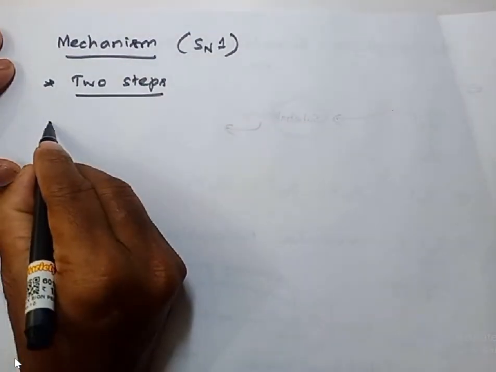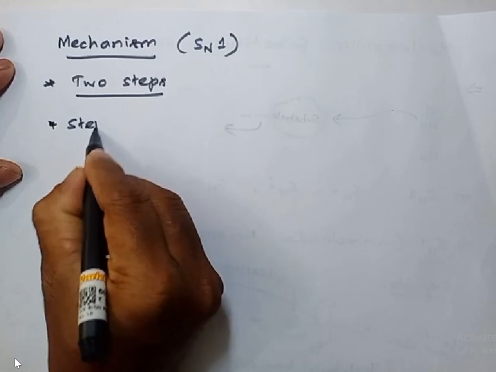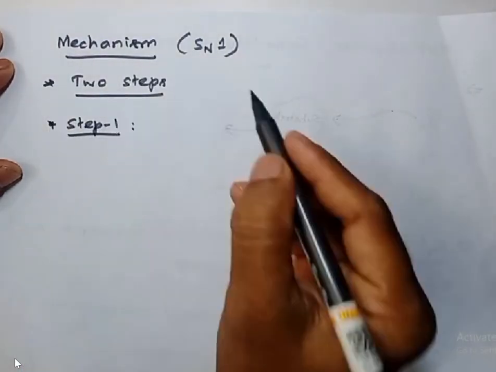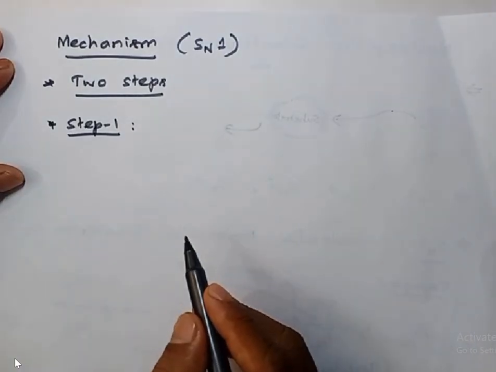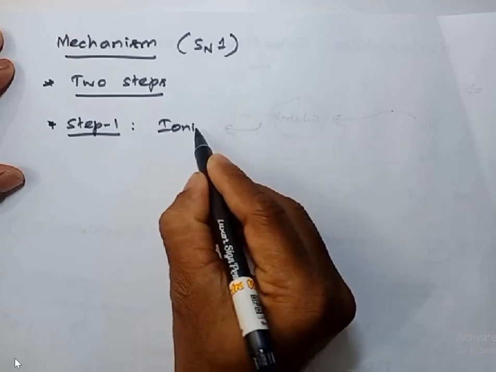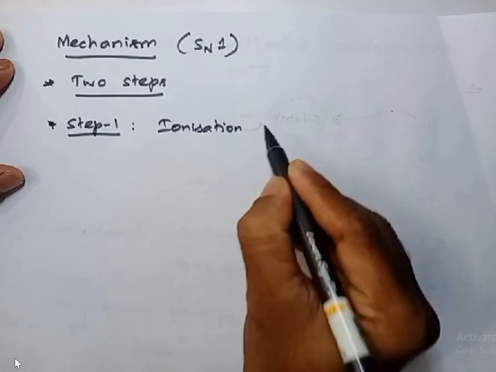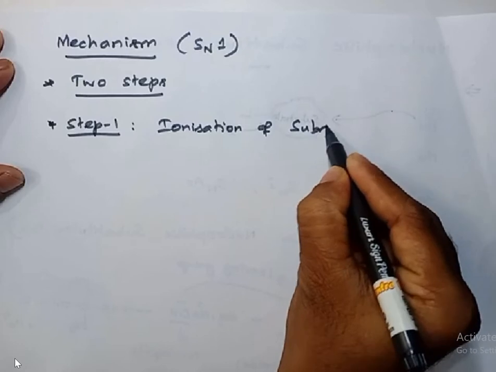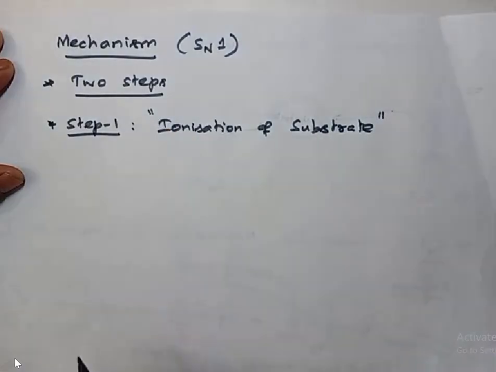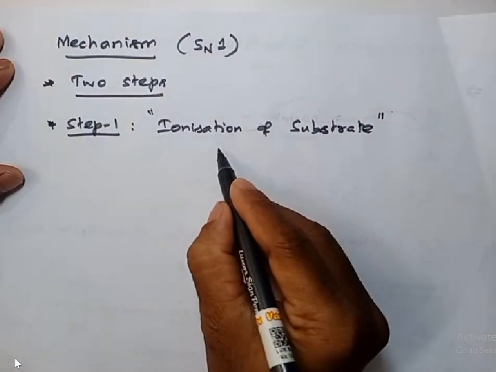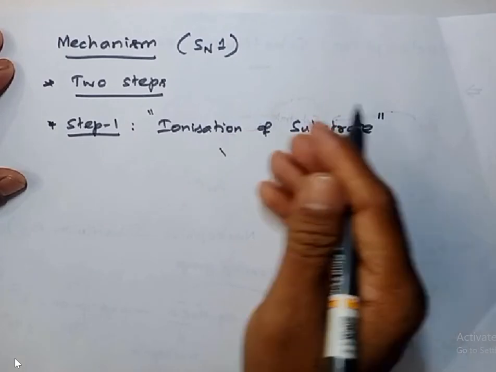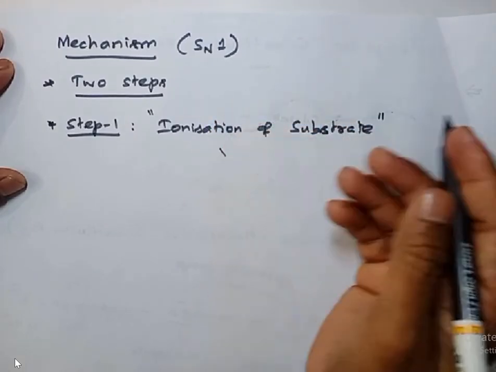Step 1 is nothing but ionization of the substrate molecule. In this ionization you will get a carbocation.